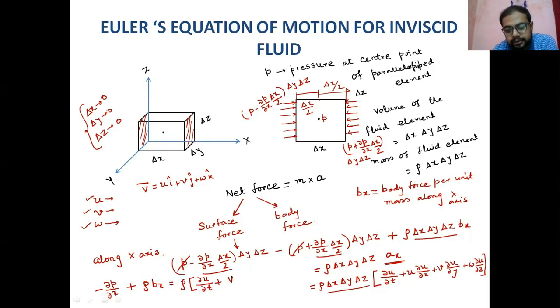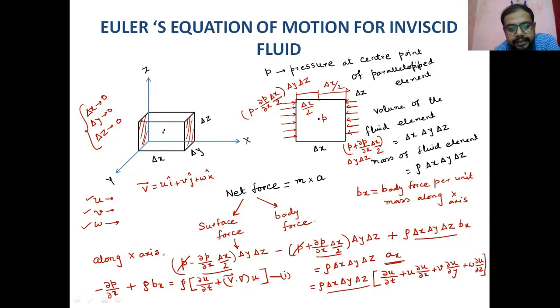The last day we have also seen v dot del into u, in this v dot del into u. That is the equation number 1 along x-axis. The same way equation 2 and equation 3 we can establish from the other two surfaces.